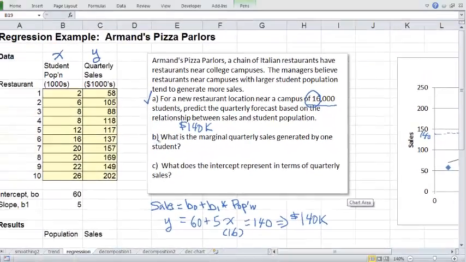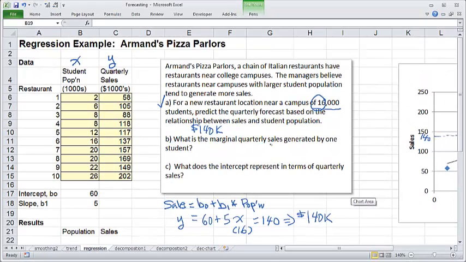Now let's take a look at part B. What is the marginal quarterly sales generated by one student? So that is, what is the value of one student to this restaurant in terms of quarterly sales? Now, how much does this restaurant make from one student in a quarter, that is in 3 months? We could answer this by looking at the slope.